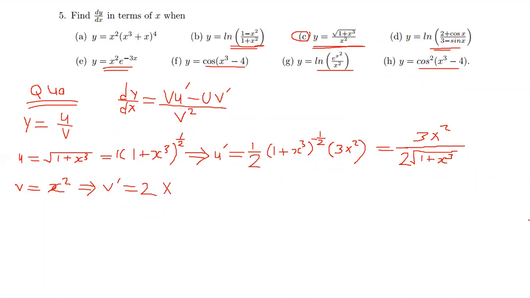So we now just replace them in the formula. The derivative is now going to be equal to: what is v? I'll put my v there, which is x squared.